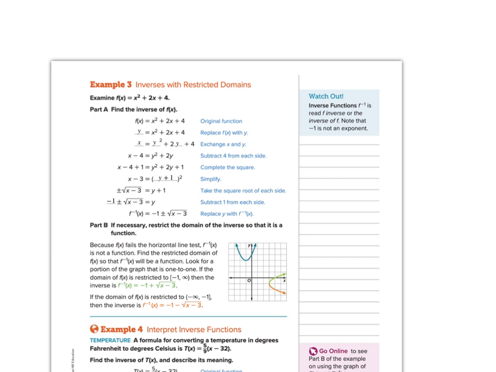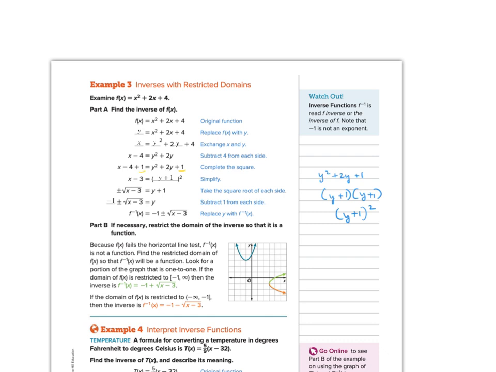They added 1 to both sides, and now y squared plus 2y plus 1 is actually y plus 1 times y plus 1, or y plus 1 squared.